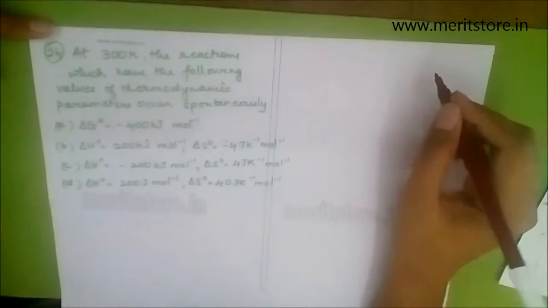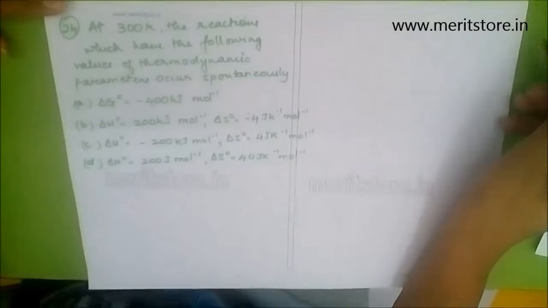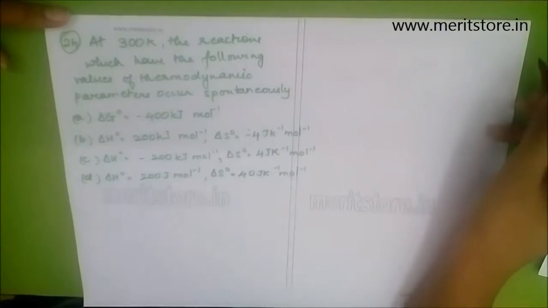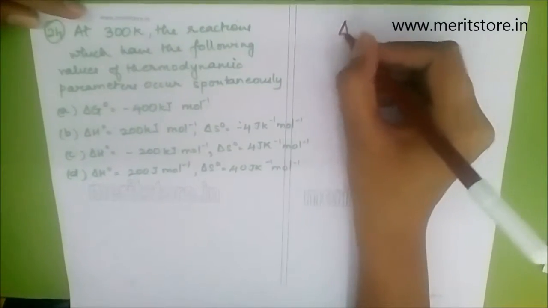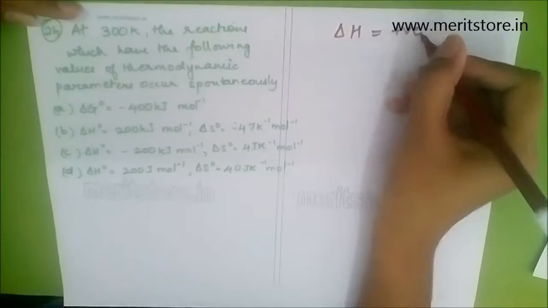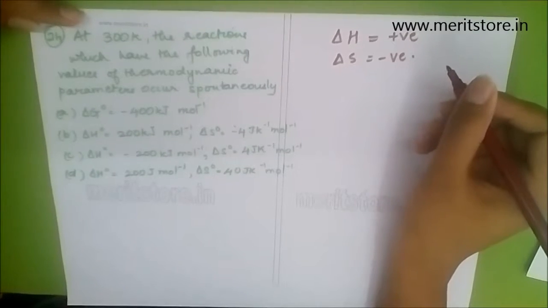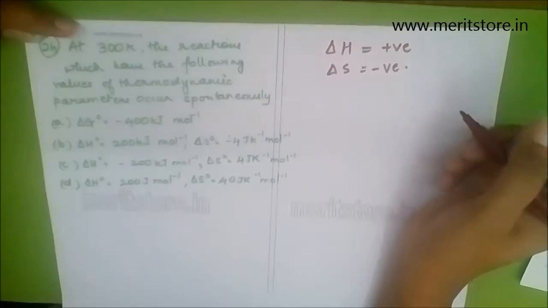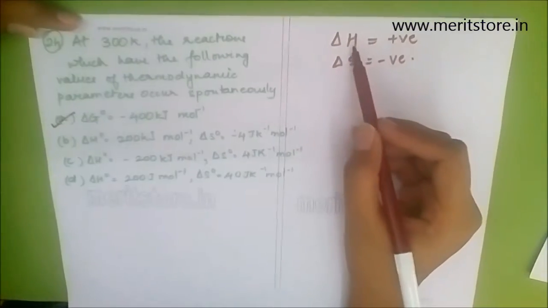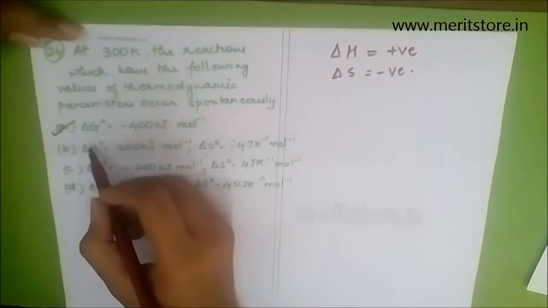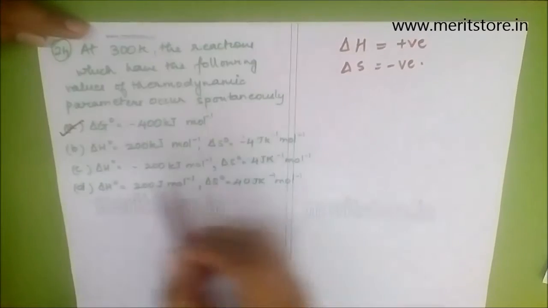At 300 Kelvin, the reaction which has the following values of thermodynamic parameters occurs spontaneously. Now this is an example of multiple answers, and the correct answer here would be, according to the question, delta H should be positive, delta S should be negative for the reactions to occur spontaneously, and therefore the correct options over here are A, wherein the delta H is positive, delta S is negative, therefore delta G, that is free energy, is negative, so that the reaction occurs spontaneously.